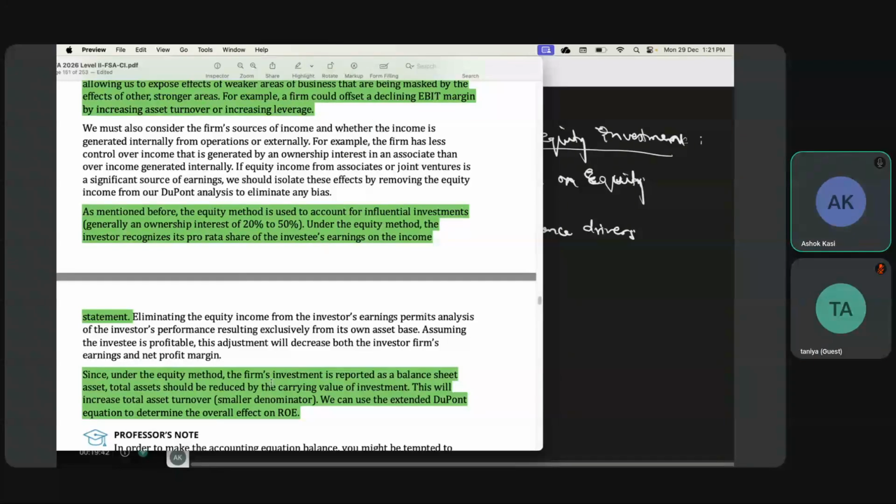Under the equity method, the firm's investment is reported as a balance sheet asset. Total assets should be reduced by the carrying value of investments. This will increase asset turnover. We can use the extended DuPont equation to determine the overall effect.